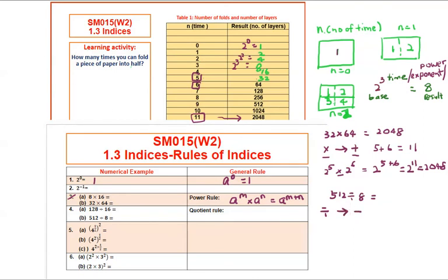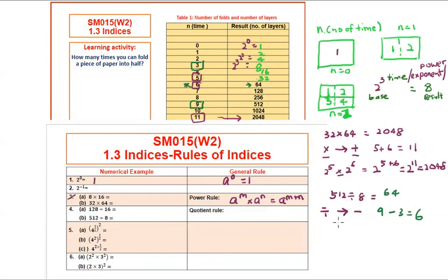For example, 512, the corresponding number of times is 9. 8, the corresponding number of times is 3. So we use 9 minus 3, that is equal to 6. 6 times. The corresponding result is 64. So the answer is 64.